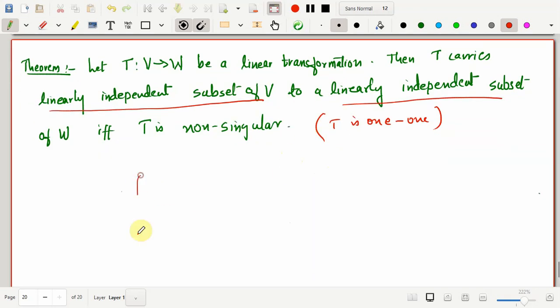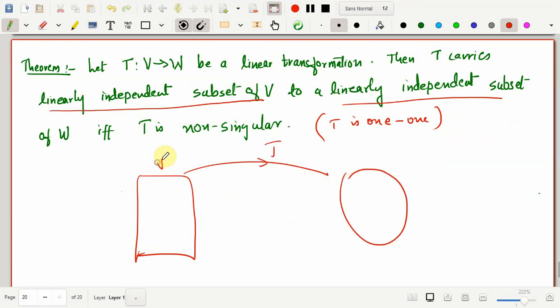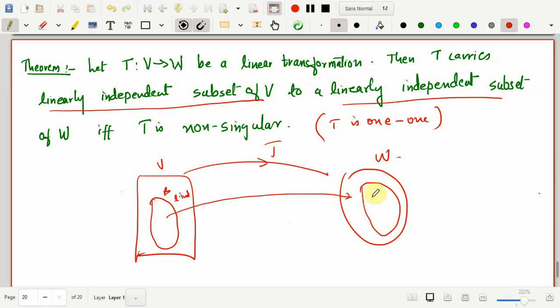This basically means that you have a linear transformation from V to W, and if you take a subset B in V which is linearly independent, T carries it to a linearly independent subset of W. So if B is linearly independent, with elements x1, x2 up to xn, then its image set is Tx1, Tx2 up to Txn.